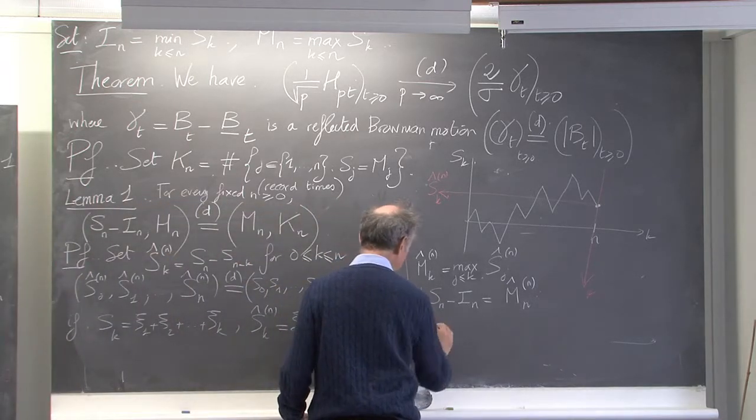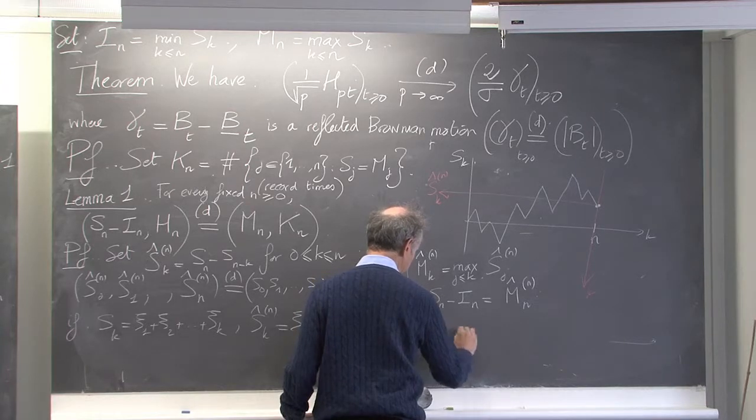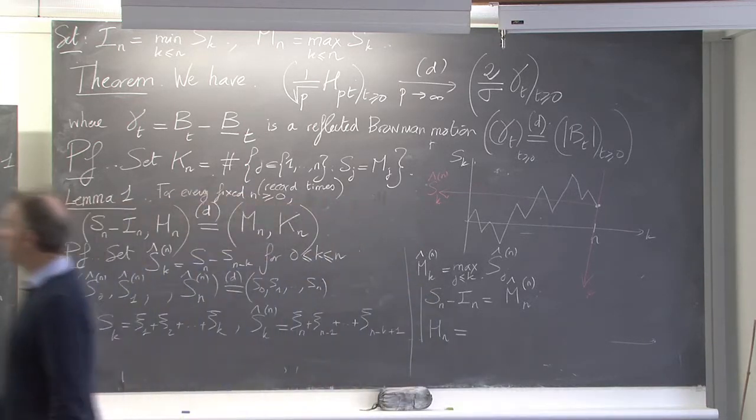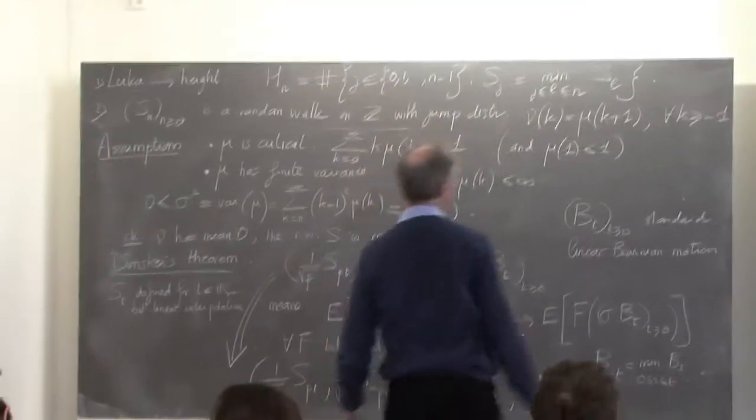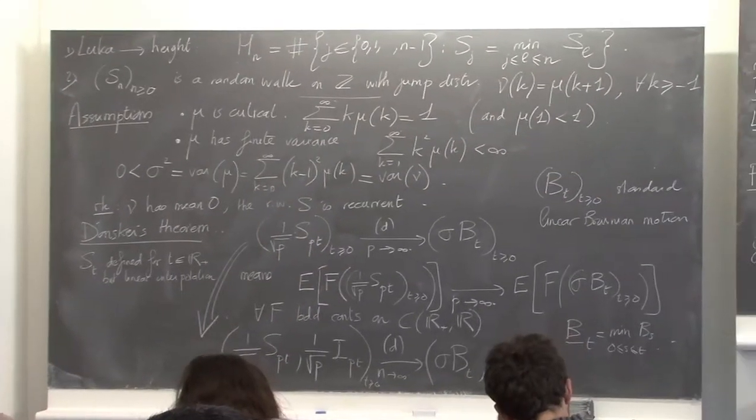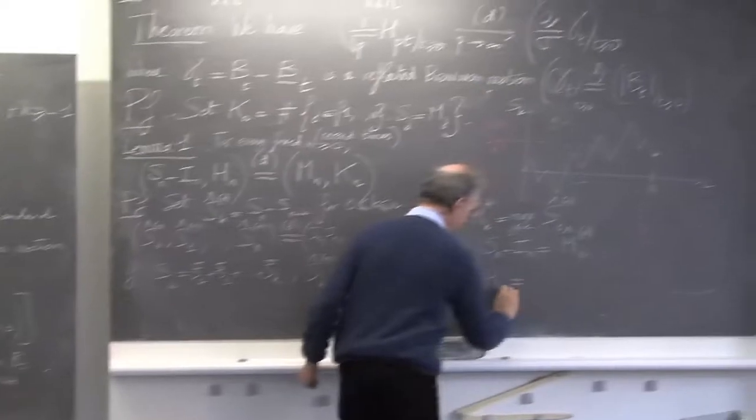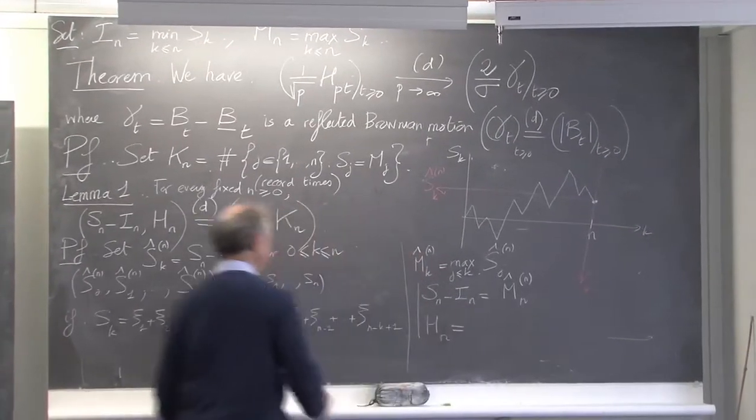And the second thing you can notice is that Hn, so you have to remember now this formula here. So maybe I will not write it for n, but for k here. No, for n, sorry, it's okay.